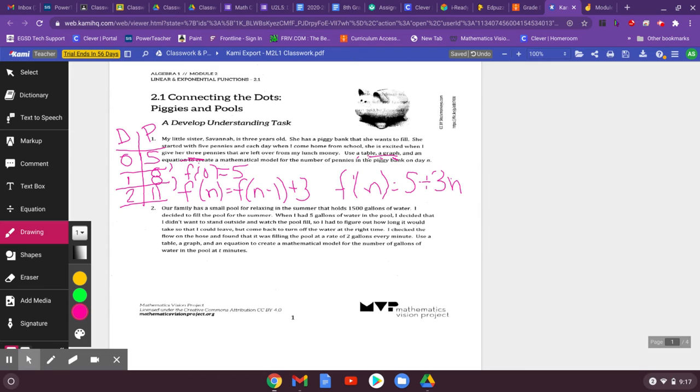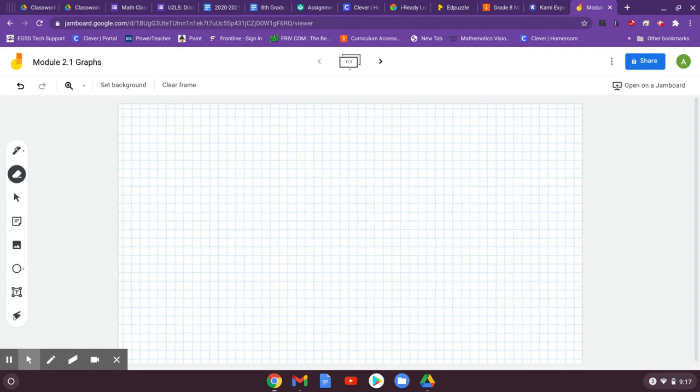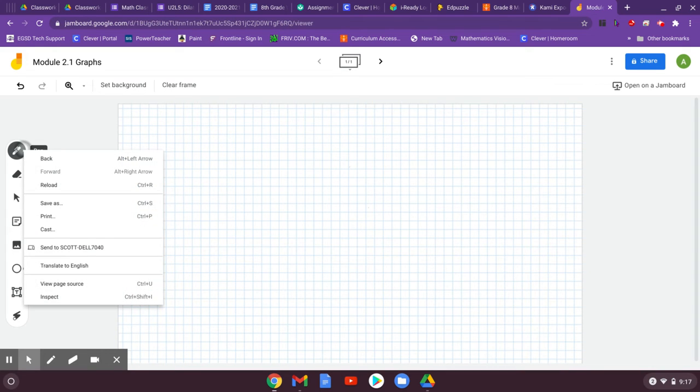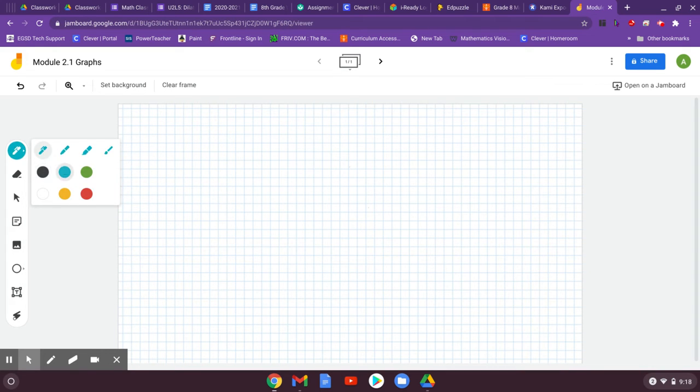And because I've started with my 0 and my 5, I leave it as just n. So there's my equation. Now let's go over to our Jamboard and let's make a graph of these. To start with, let's do my table again. So my days, my pennies, keep in mind this is my x and my y.